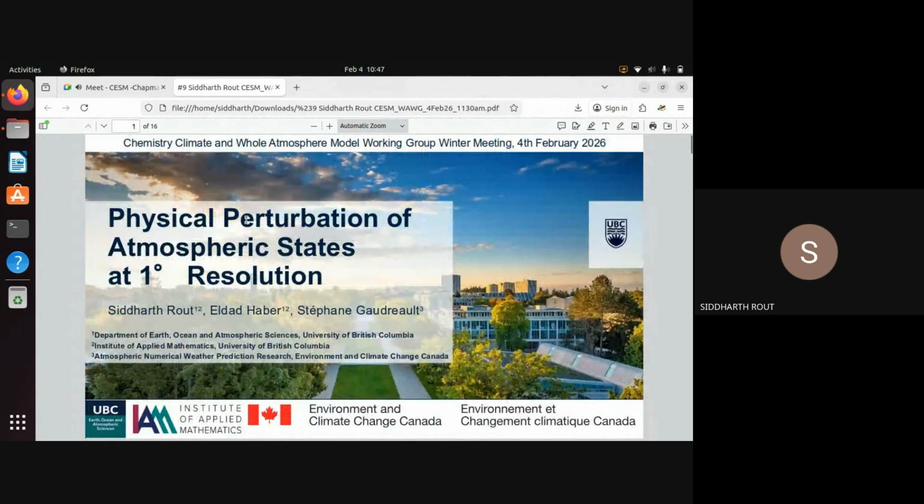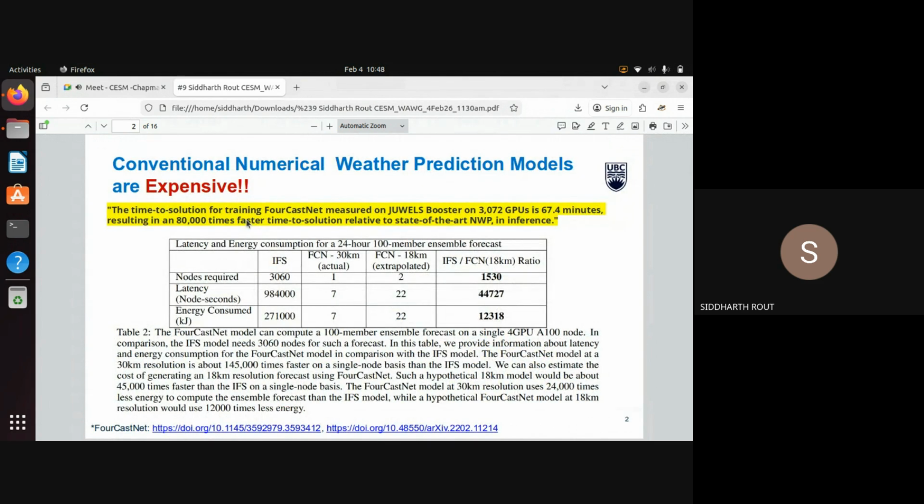So I'm starting here again. My motive is to create an algorithm to perturb the atmospheric state, which in my case is pretty high dimensional. This is an example I brought from ForecastNet. They have a comparison between IFS and their model, ForecastNet.